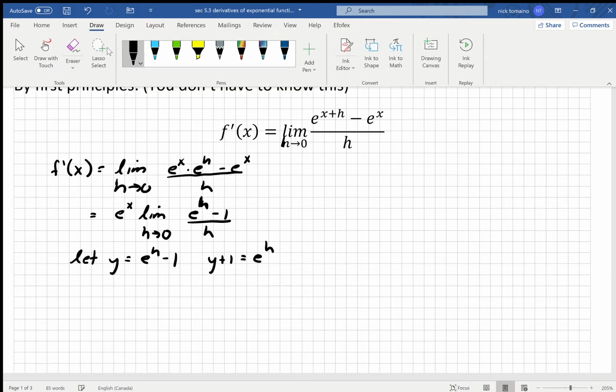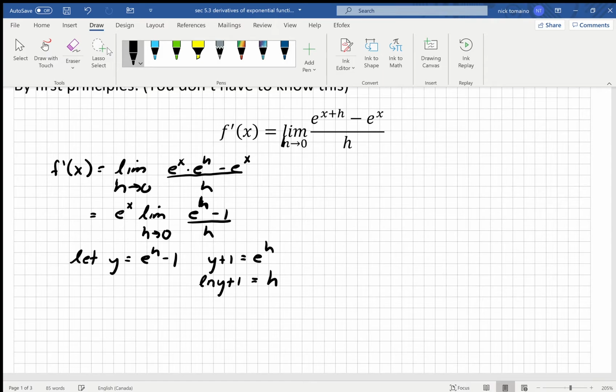And then we're going to take the ln on both sides, and we get ln of y plus 1 is equal to h. Nice. Now, we're going to replace this stuff in the limit, but first we're going to look here as h goes to 0. e to the 0 goes to 1, 1 minus 1 is 0, so y also goes to 0.